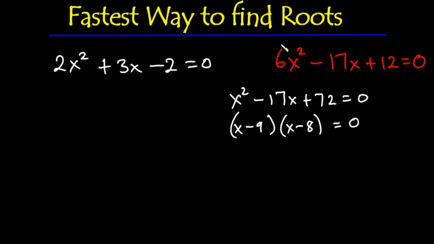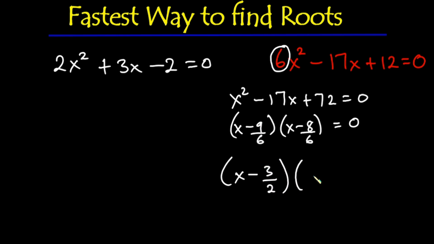Then remember, we have this 6 over here. So let's divide this -9 by 6 and divide this -8 by 6. We can simplify this further. We have x minus 3 goes into 9 3 times and into 6 2 times. Then from here we have x minus 2 goes into 8 4 times and into 6 3 times, and this is equal to 0.